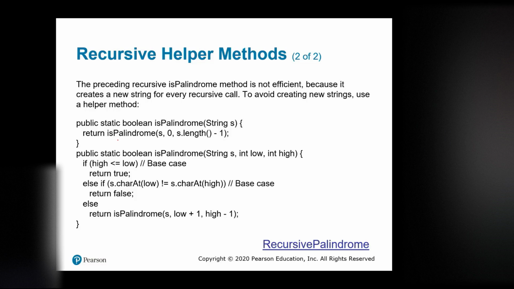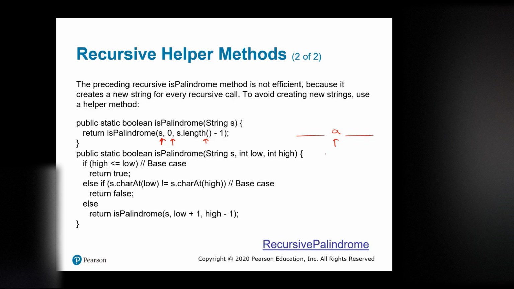So return whatever value your is palindrome function is giving, where we are passing a string and my first index, which is 0, and last index, which is s dot length -1. Now if high is less than or equal to low, so we don't have now many characters left and maybe just a single character left in between, then you return true.